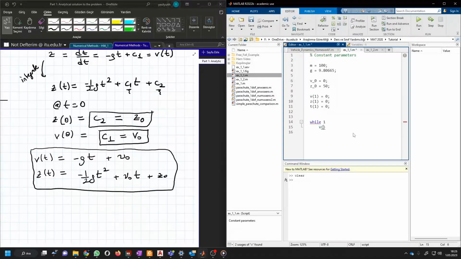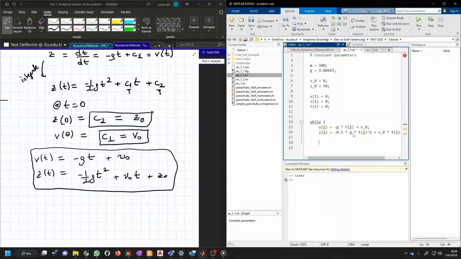So vi will be equal to minus g times ti plus v0. zi will be equal to minus 0.5 times g times the square of ti plus v0 times ti plus z0.